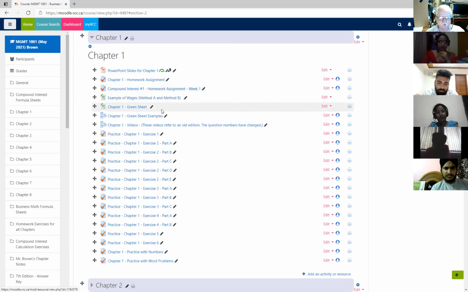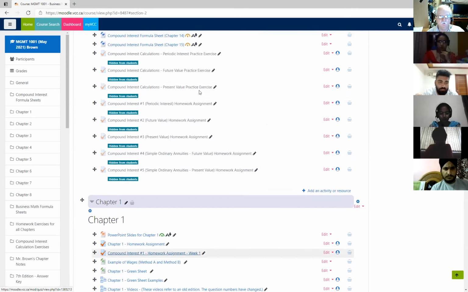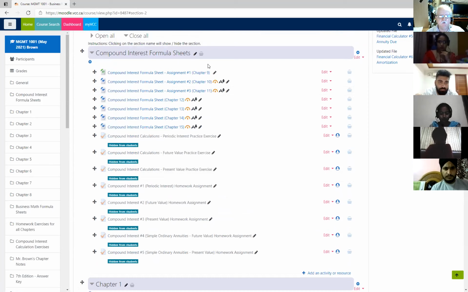And here's a whole bunch of examples dealing with chapter 1. You want to print out the formula sheet. Can you see now, compound interest formula sheets?